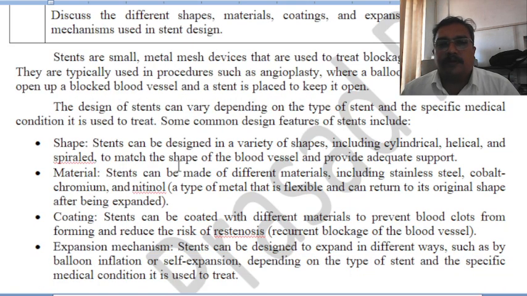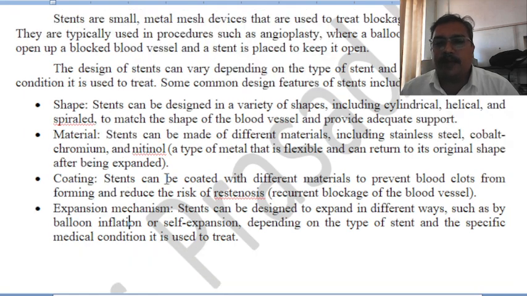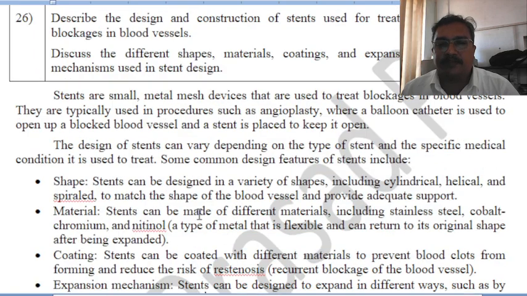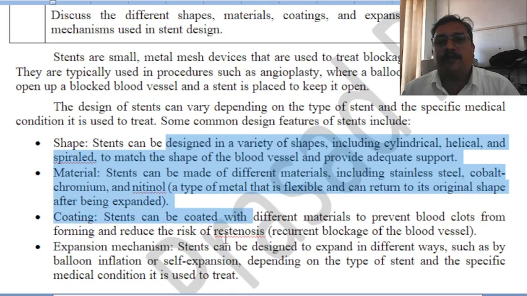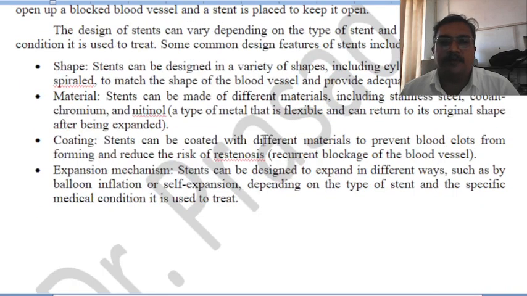Based on the shape, the material used, the coating and the expansion, which are given in detail even with images in the study material, these are the things expected when you write the answer in the exam. They are already available in my study material. These are the points you need to remember to answer this particular question.